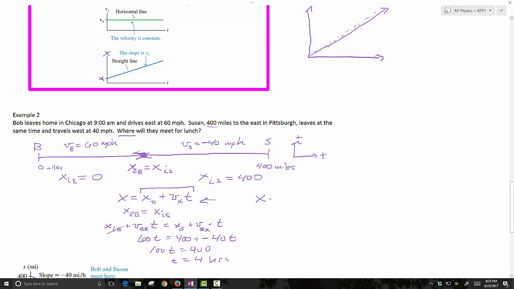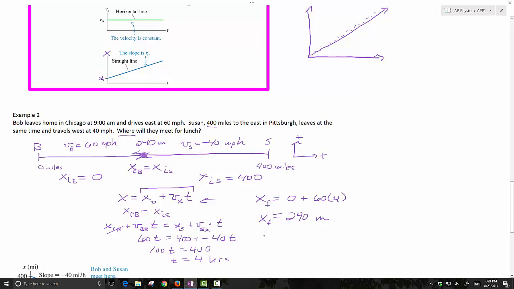So Bob's final position will be his initial position, which is 0, plus his velocity, 60, times the time, 4 hours. So we get his final position is going to be 240 miles. So they'll meet for lunch at 240 miles from Chicago. Yeah? 4 hours later, so at 1 o'clock.